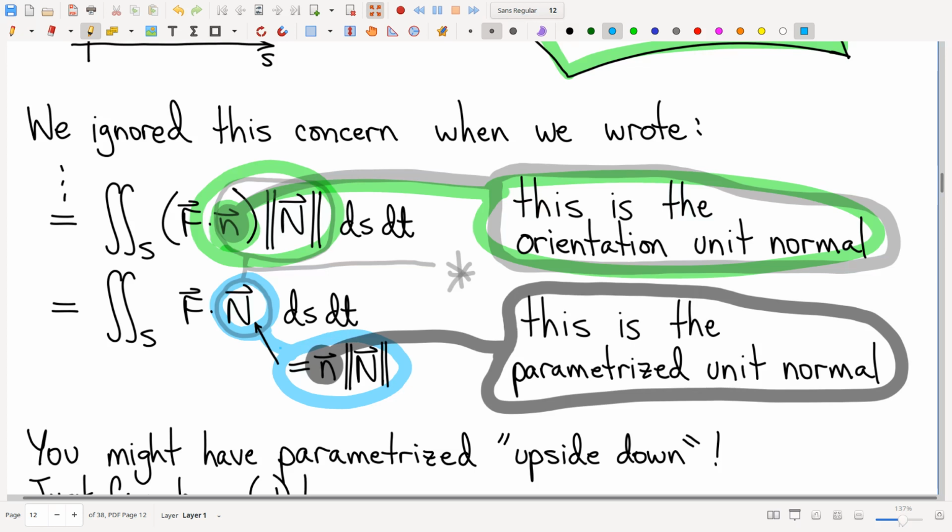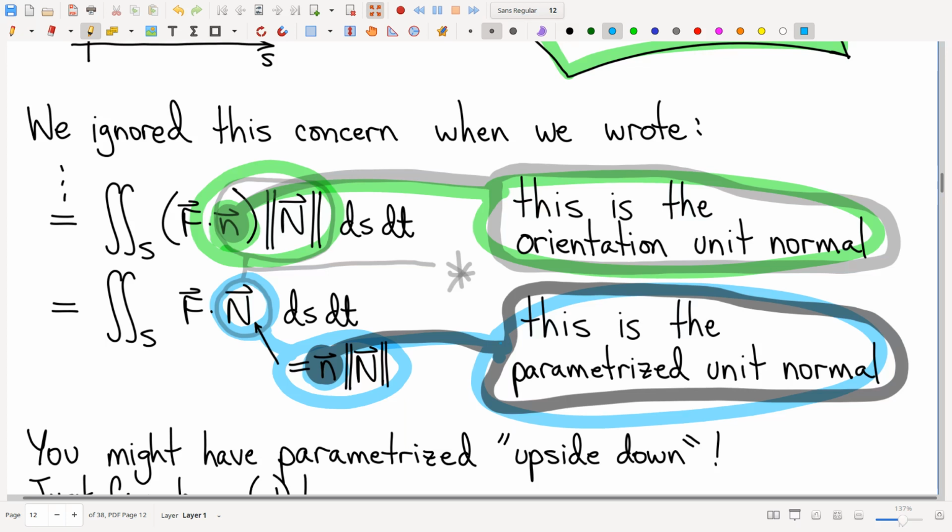But the direction that this points came from the parameterization, not from the statement of the question. And on the previous page, I just baselessly asserted that this direction and that direction are the same. And that was absolute nonsense. Is that cool?